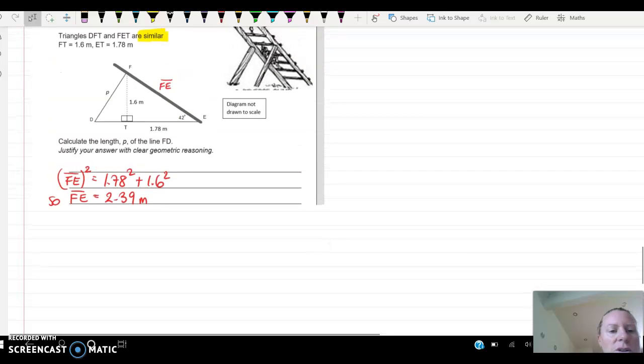So we're going to compare those ratios of 2.39 to P. Okay, or actually it's probably a bit nicer if we write them the other way over. P over 2.39.